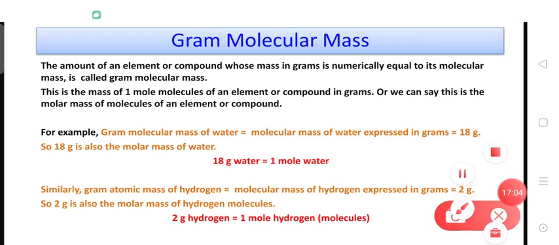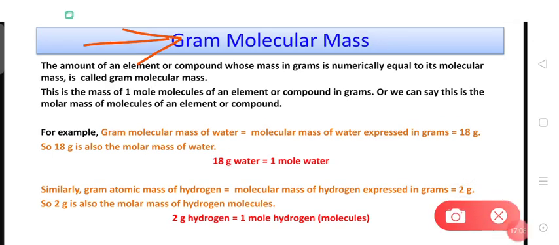In the same way, if we talk about gram molecular mass, this is the amount of any element or compound whose mass in grams is numerically equal to its molecular mass, right? So again, what is written: this is the mass of 1 mole of molecules of an element or compound in grams. We can say that this is the molar mass of molecules of an element or compound.